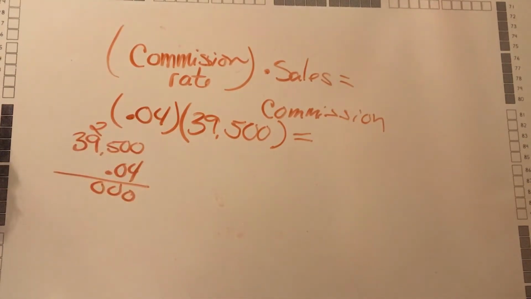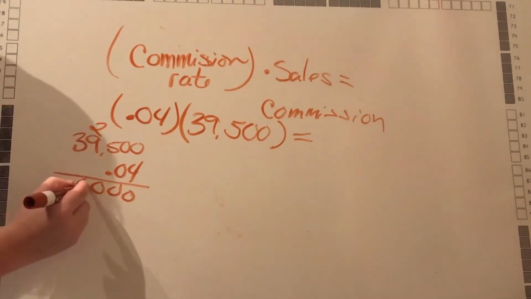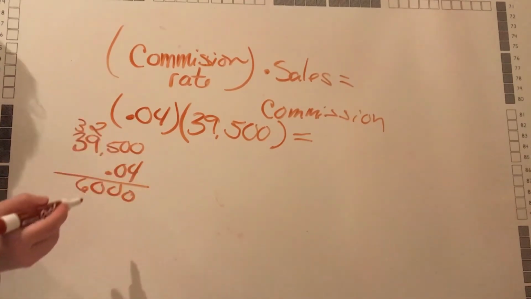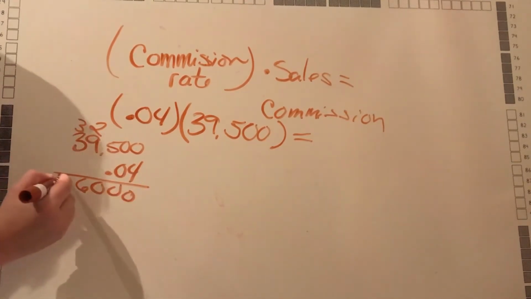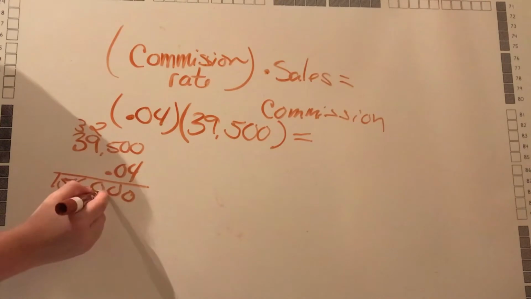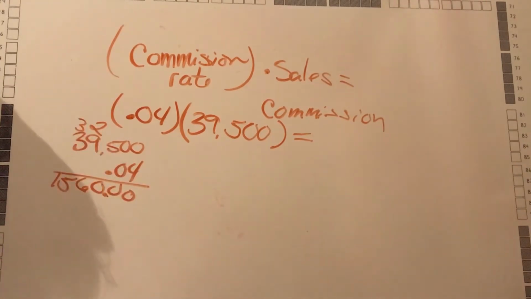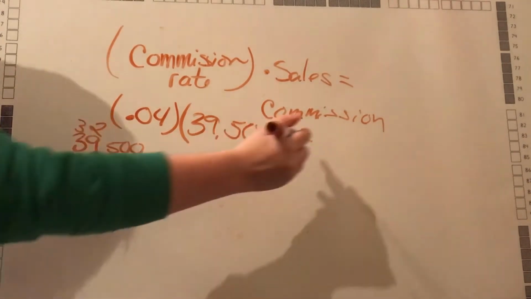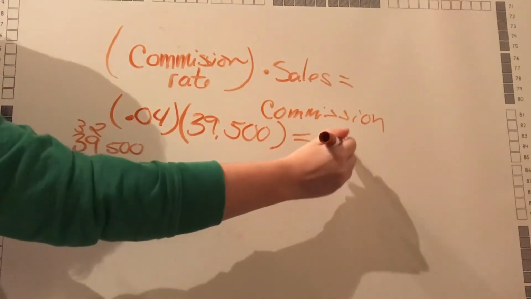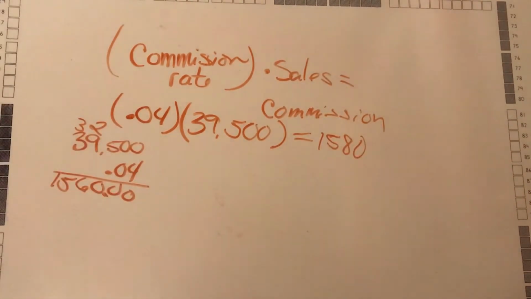Four times 9 is 36. 4 times 3 is 12. Plus 3 is 15. So she's going to make $1,580. So that's her commission.